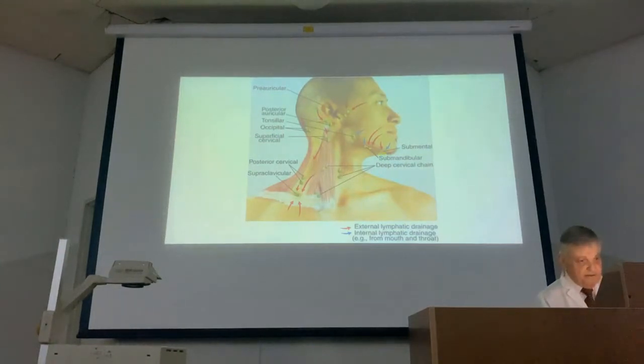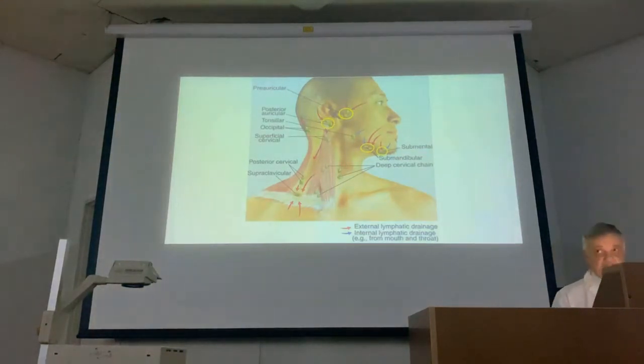of the face. Here are the submental lymph nodes draining the lower lip and the chin. Then we have very important lymph nodes, the submandibular lymph nodes, and then the preauricular or parotid lymph nodes, and posterior auricular lymph nodes.